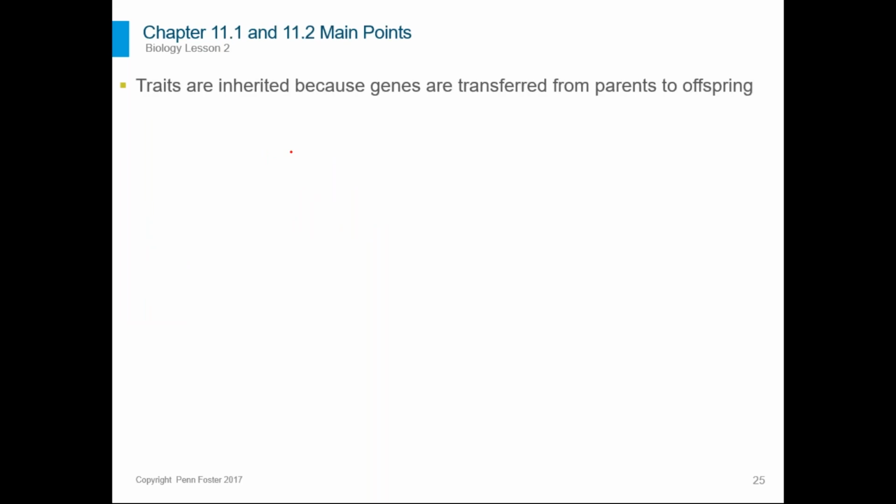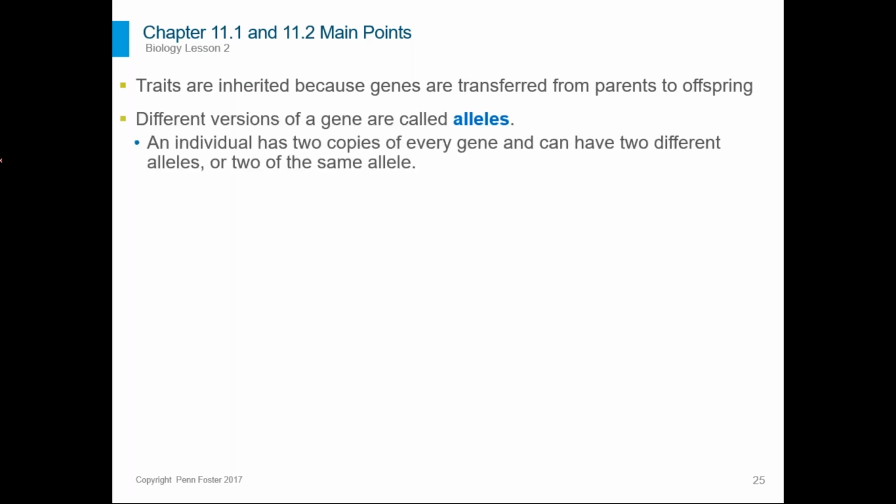Okay, so I just want to review some key points from these sections. Traits are inherited because genes are transferred from parents to offspring. And different versions of a gene are called alleles. An individual has two copies of every gene, so they have two alleles, and they could be two different alleles or two of the same allele.